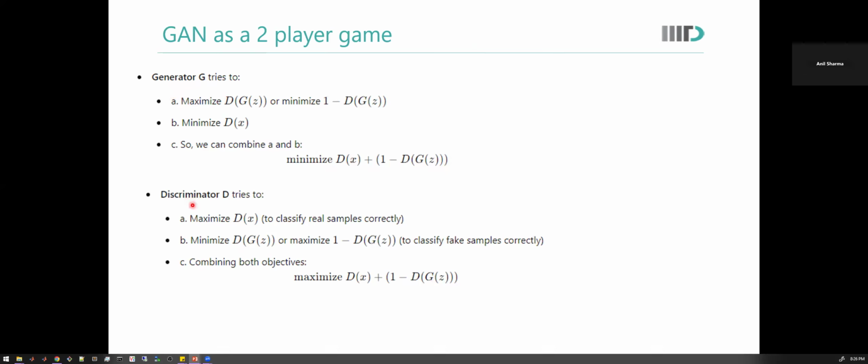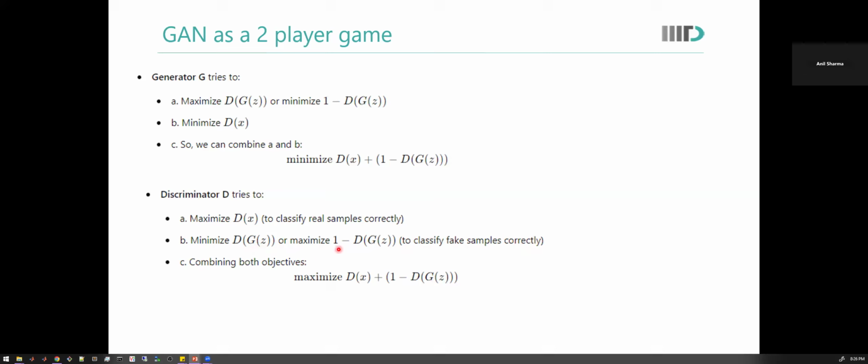Let's see what the discriminator is doing. It maximizes D of x to classify real samples correctly, so it maximizes this probability, totally opposite of the generator. It also maximizes 1 minus D of G of z to classify fake samples correctly.